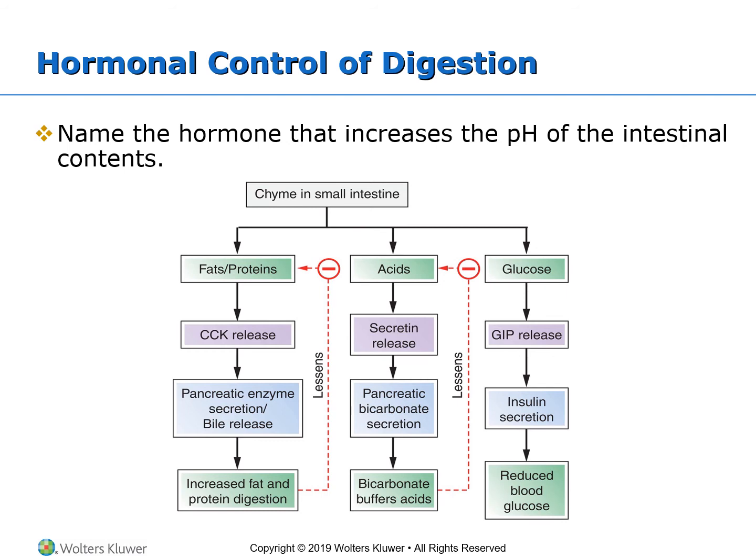So the first response that the duodenum will have will be to inhibit the motility of the small intestine. And by doing that, allow the food to not move too quickly inside the small bowel, because the main digestion, the absorption takes place over there. So if the food passes through that tube too fast, it will not have time to come in contact with the mucosa and be absorbed.